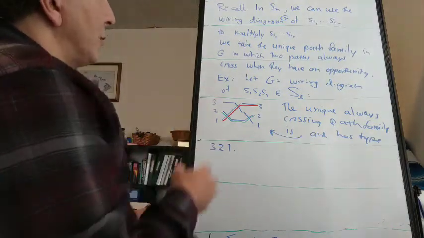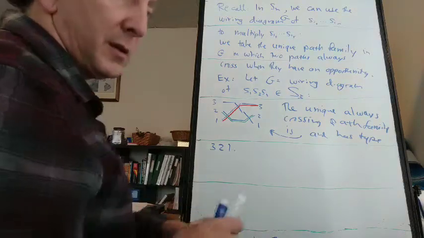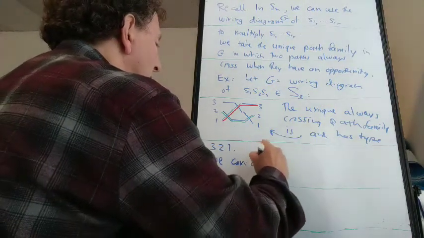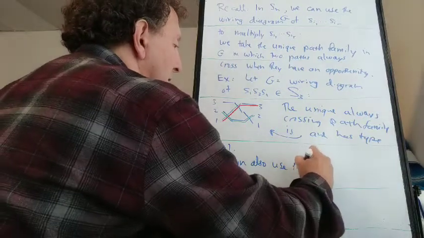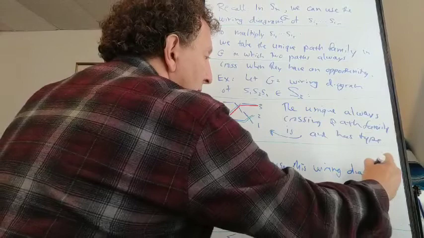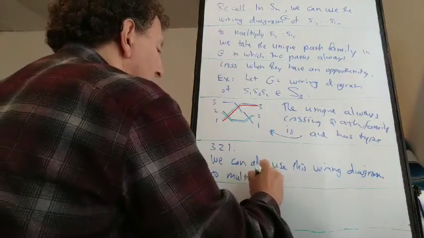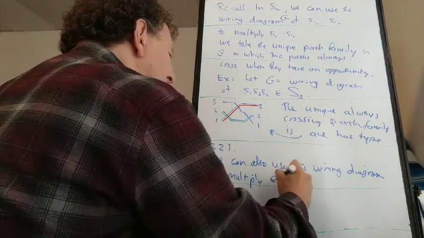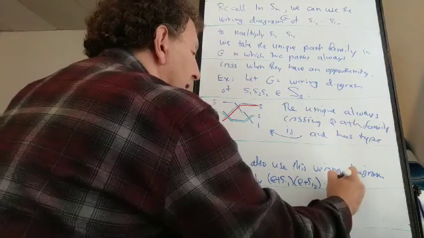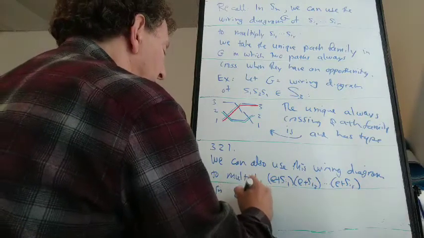Now we can also use the very same wiring diagram to multiply (e + s_{i1}), (e + s_{i2}), etc. in the group algebra ZS_n.